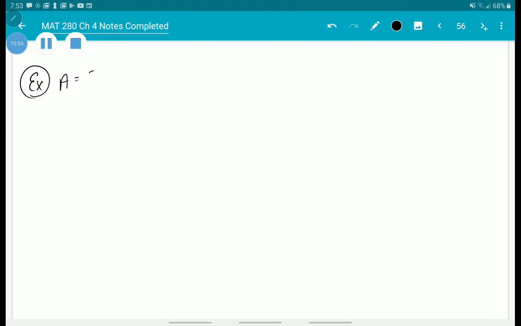Let's say our matrix A is this matrix. So we need the row space of A and we need the null space of A. I'm going to find the REF form.